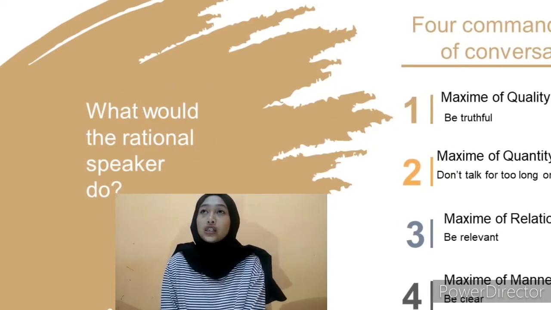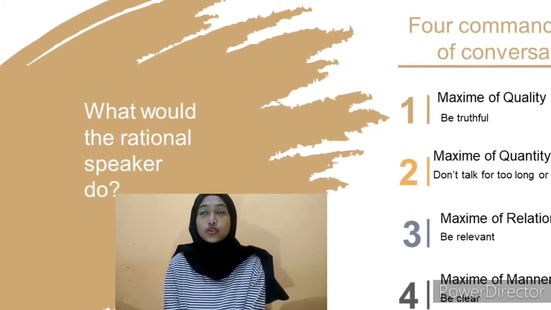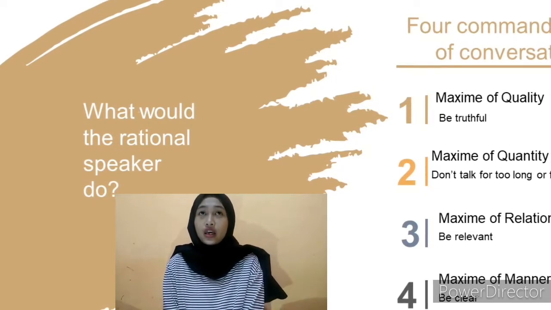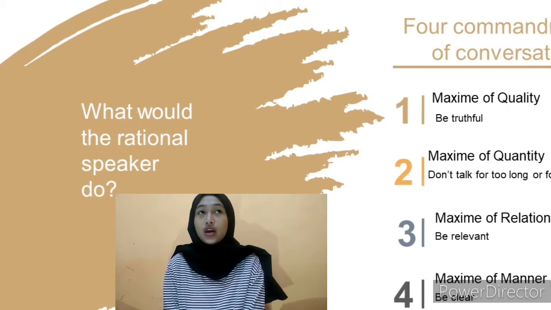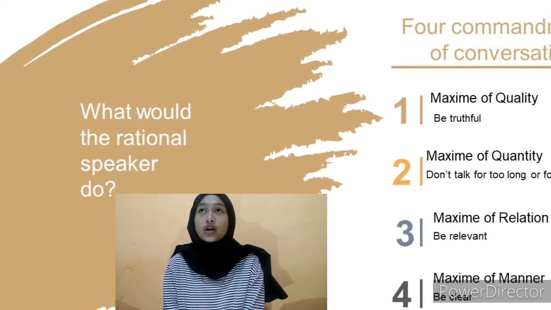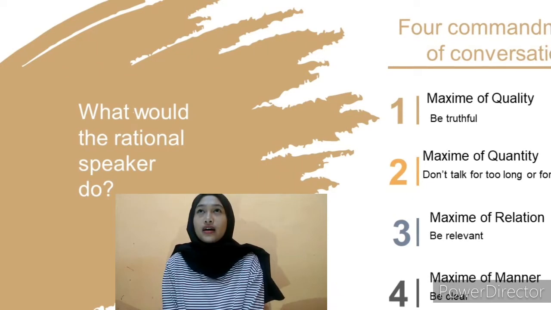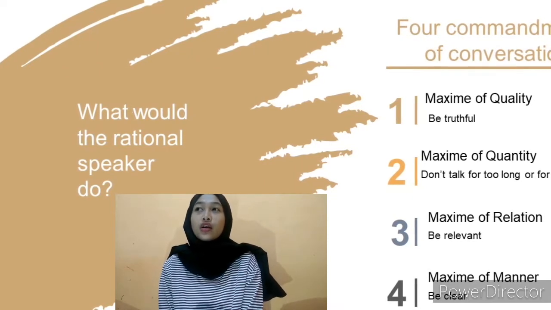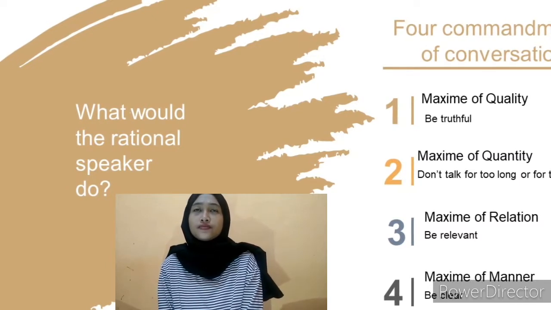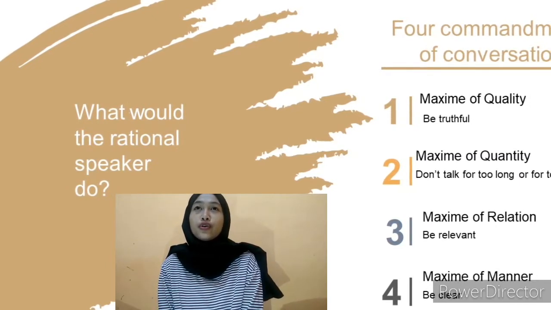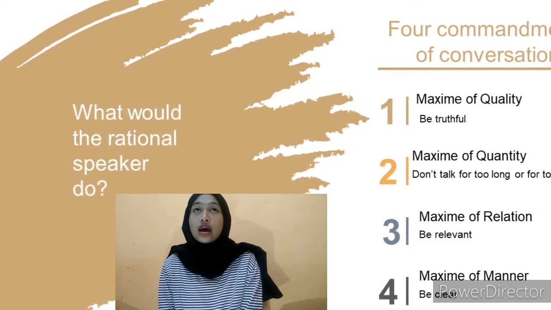Here, there are four commandments of conversation according to Grice. The first is maxim of quantity, where one tries to be as informative as one possibly can, and give as much information as is needed and no more.